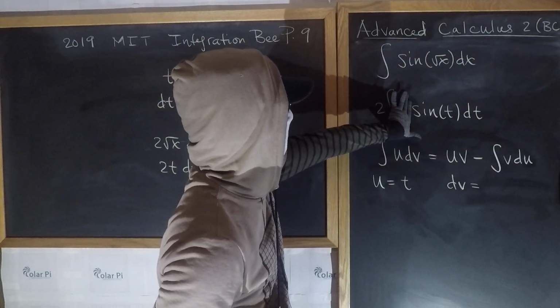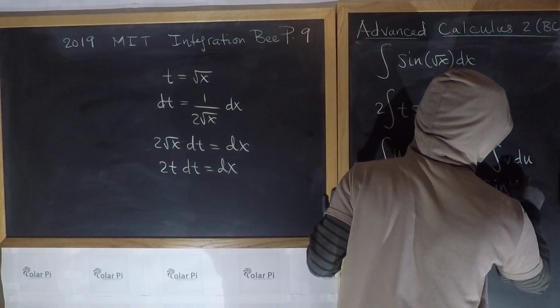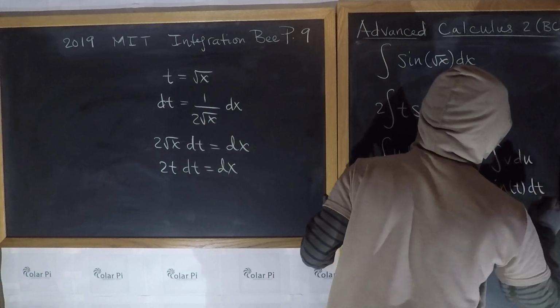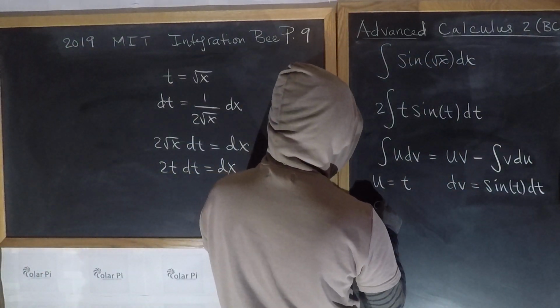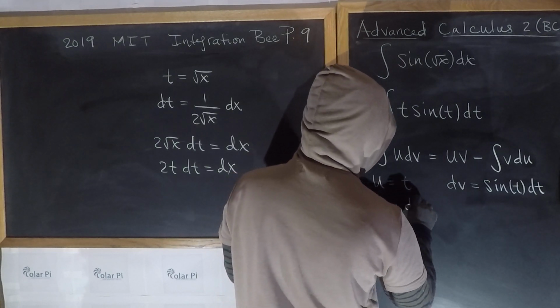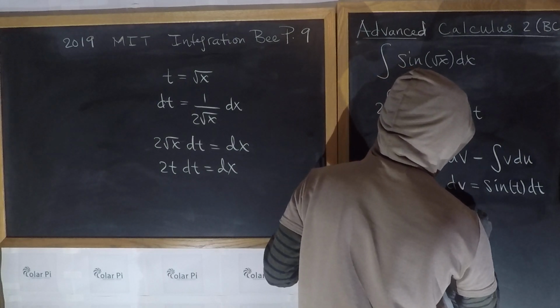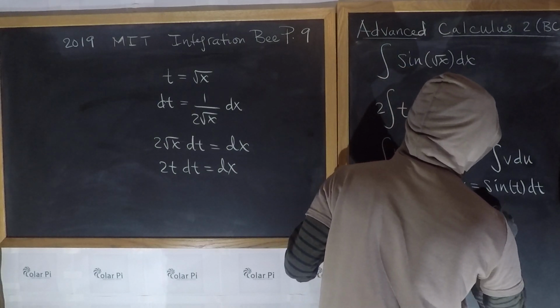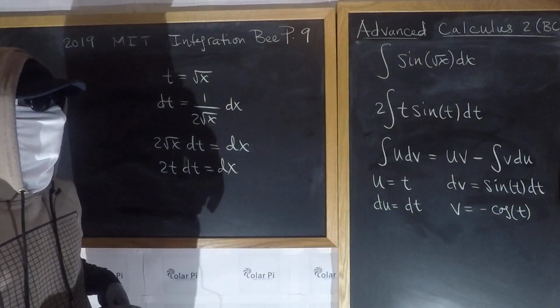Without that t, the rest of it is sine t dt. So sine t dt is dv. Since u is t, du is equal to dt. And with this dv, it follows that v is equal to negative cosine of t.